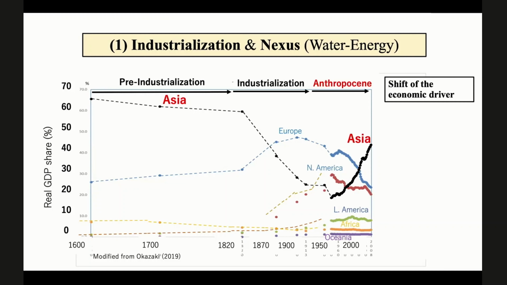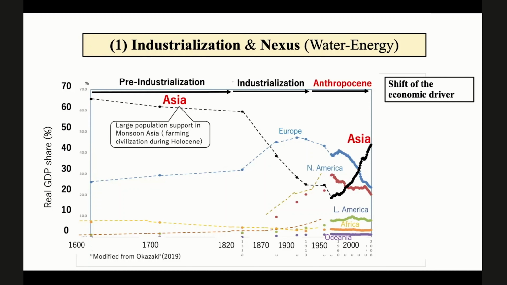But during industrialization, Europe and the US increased, and after 1950, after World War II, the Asian ratio increased again. So you can see the shift of the economic driver.